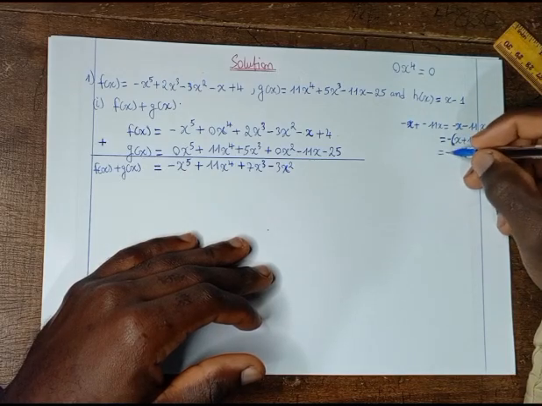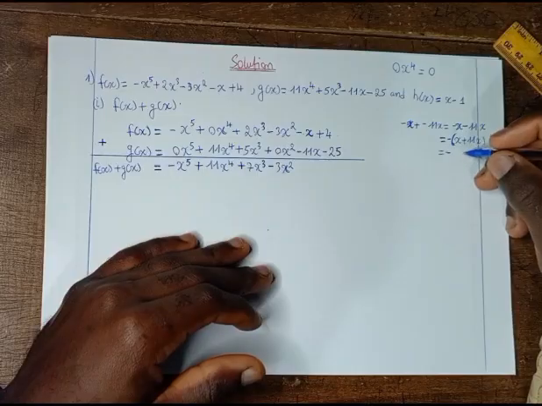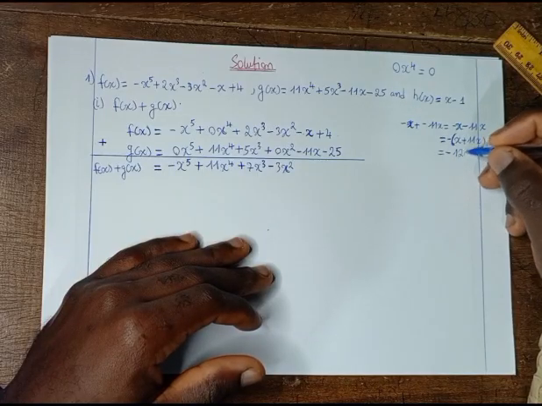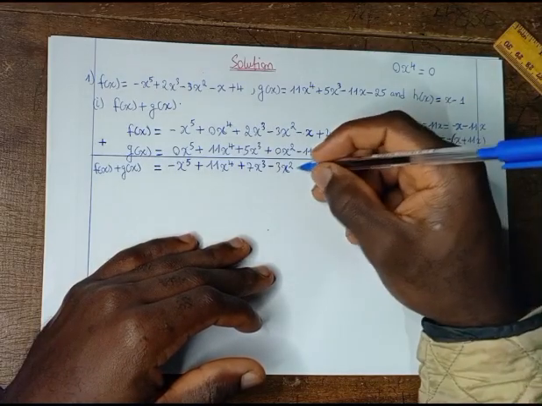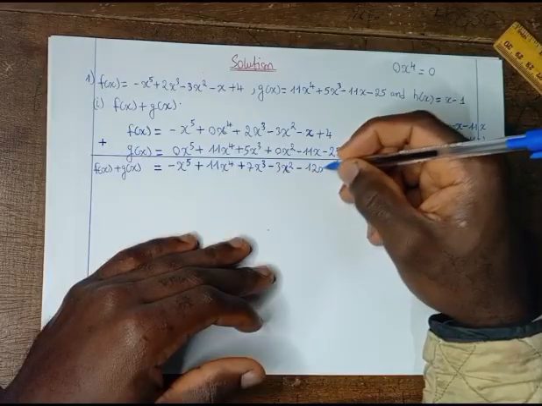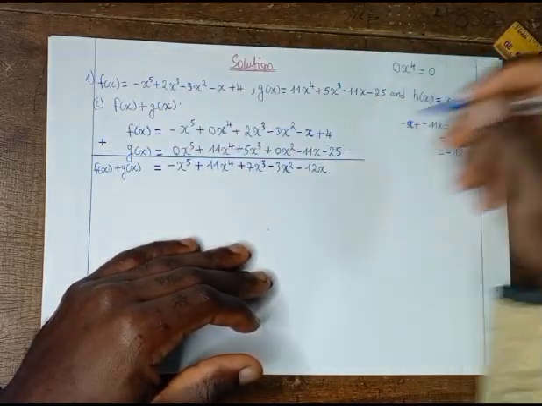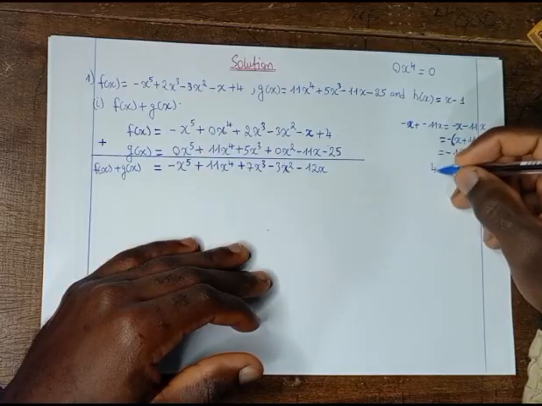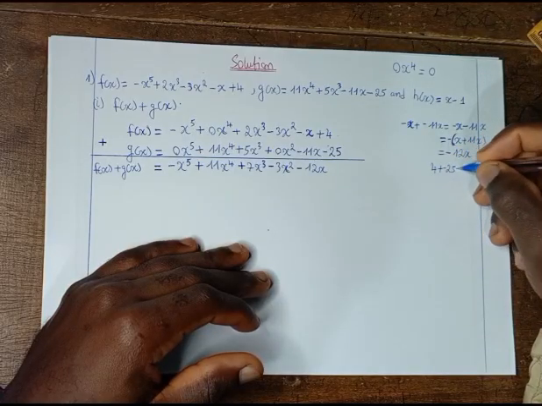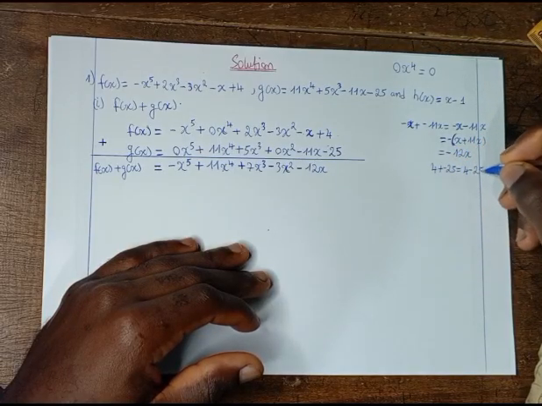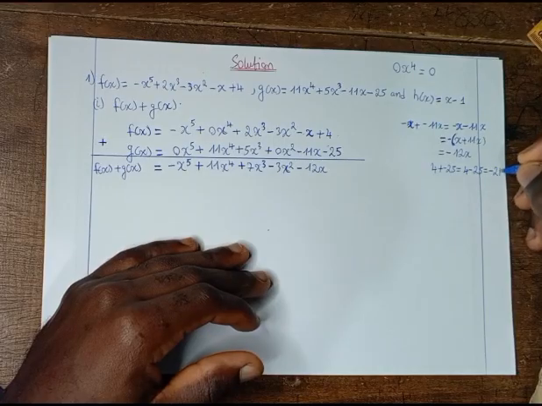This will simply be equal to negative, x plus 11x gives us 12x. So the answer will simply be negative 12x. Next, we have 4 plus negative 25. 4 plus negative 25 is the same as 4 minus 25, which is simply equal to negative 21.